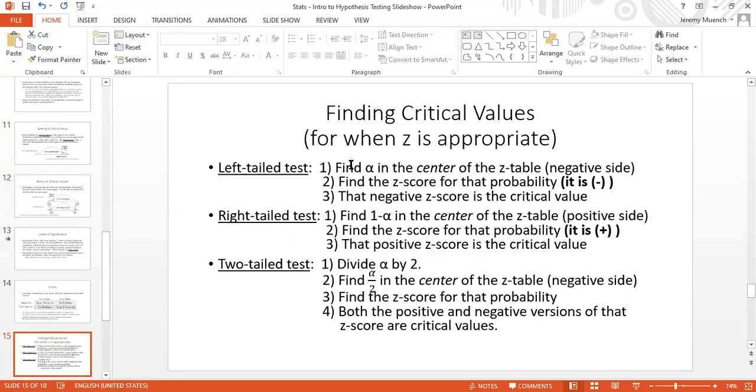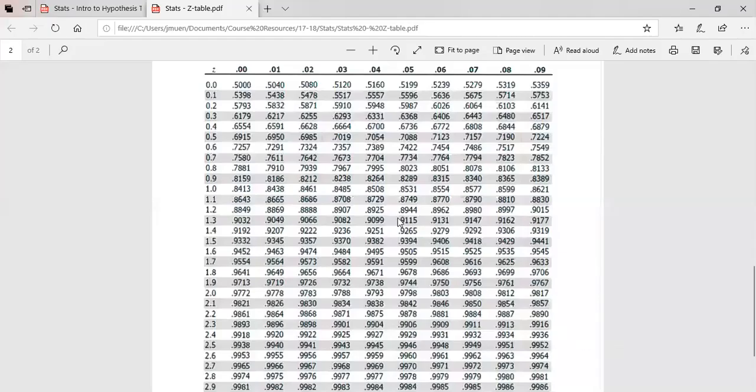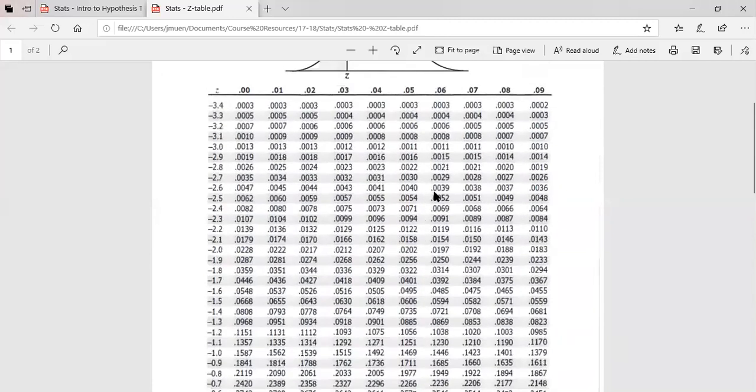So here for a left-tailed test, we will take our alpha and find it in the center of the table. What I mean is, whatever alpha we have, let's say we have an alpha of 5%, of 0.05, we're looking for 0.05 in the center of the table, which is right here between 0.0505 and 0.0495.